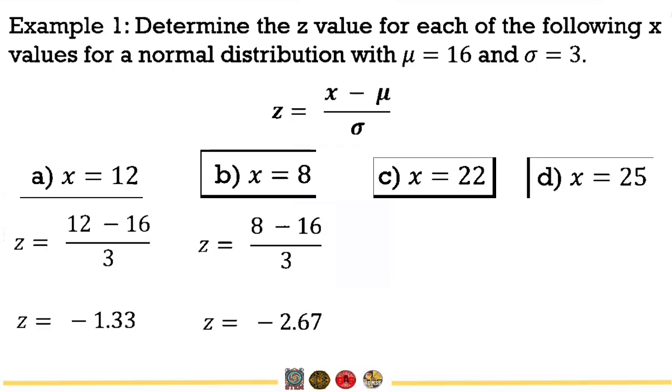Okay, so it's very easy, right? So what does negative 2.67 mean? It means if we convert these x values to the standard normal distribution, we will standardize it so that we can get the corresponding area.